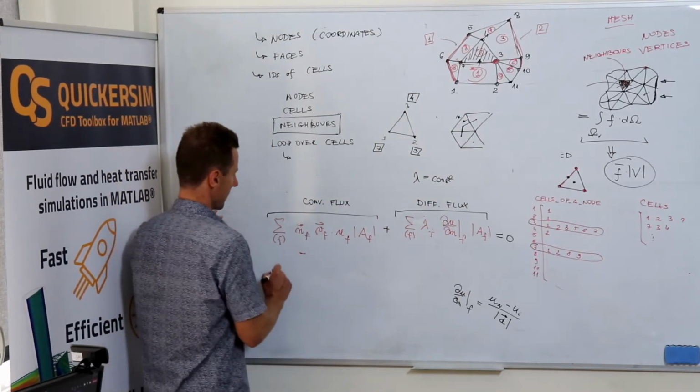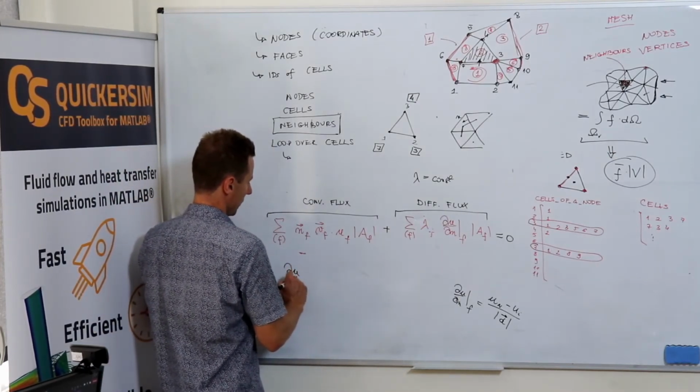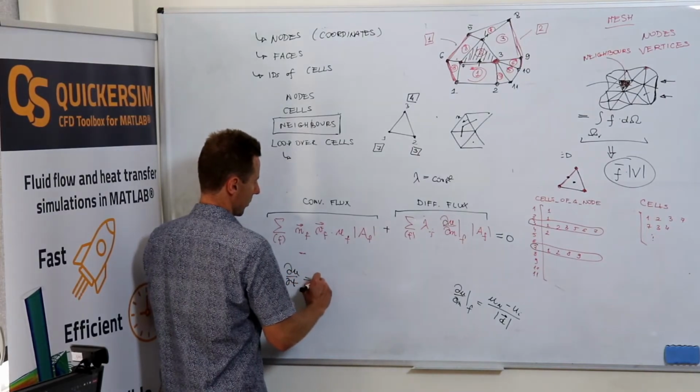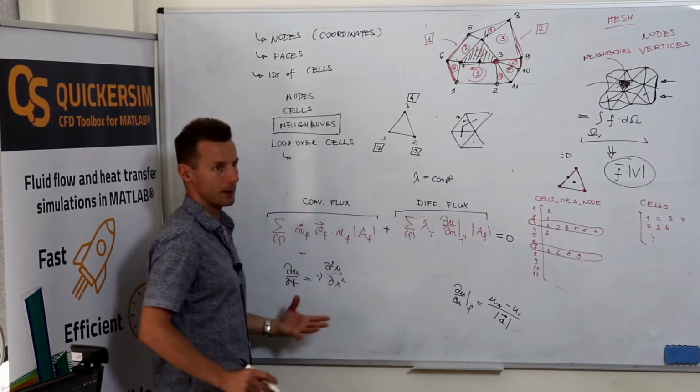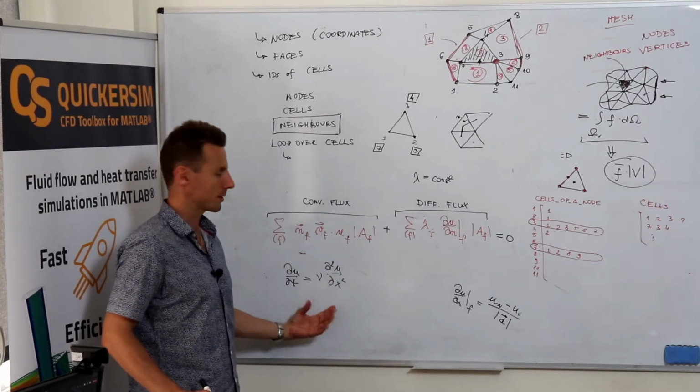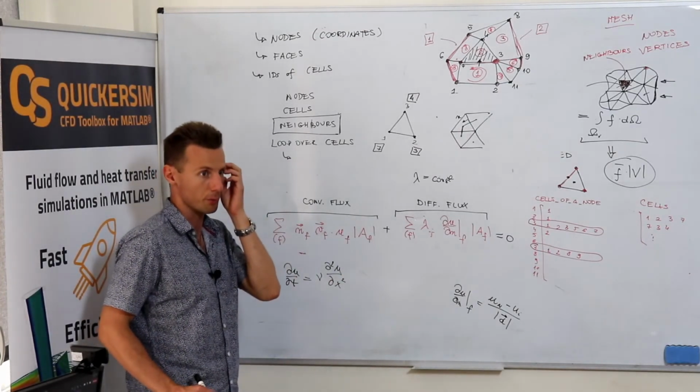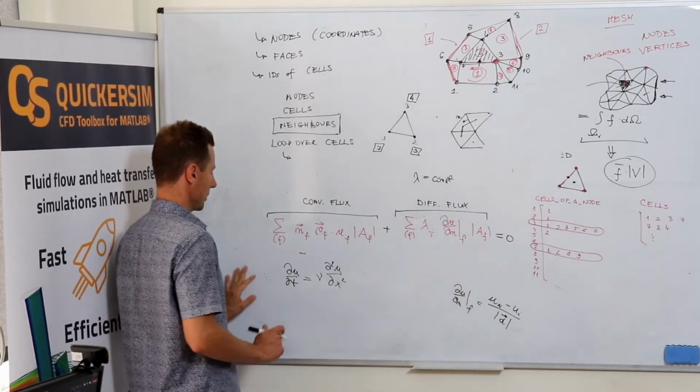Exactly. Let's imagine we want to solve du/dt equals diffusion. Okay, and we want to discretize it using the finite volume method. What would it mean?